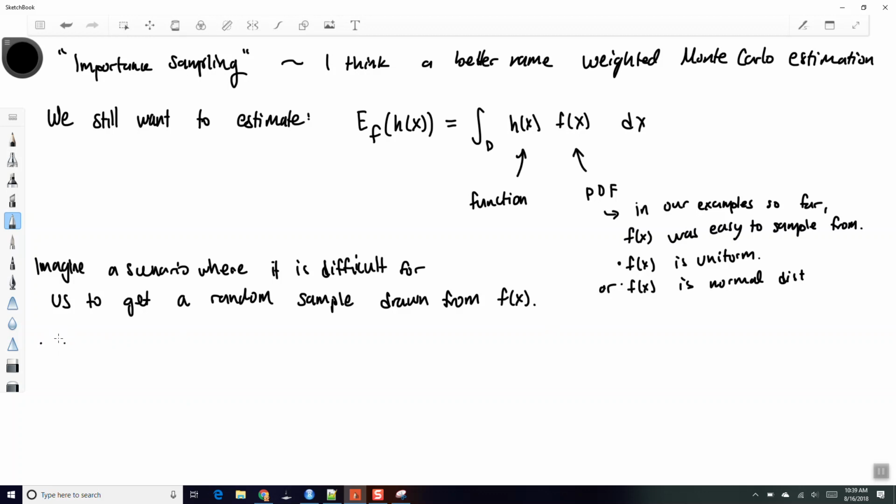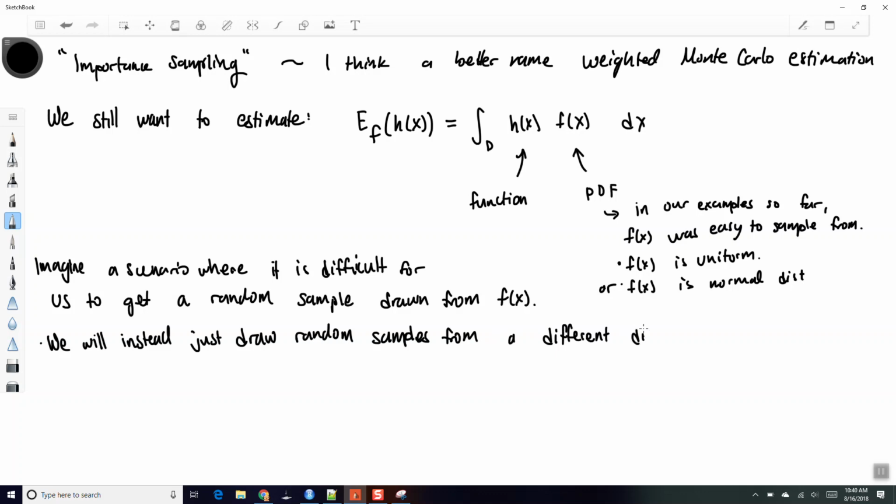Instead, we will just draw random samples from a different distribution g of x.